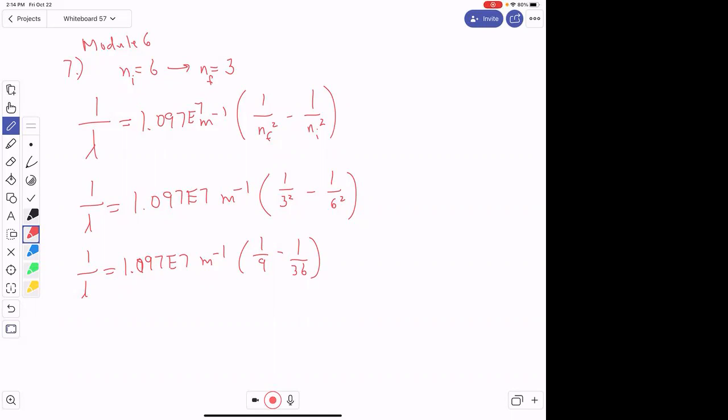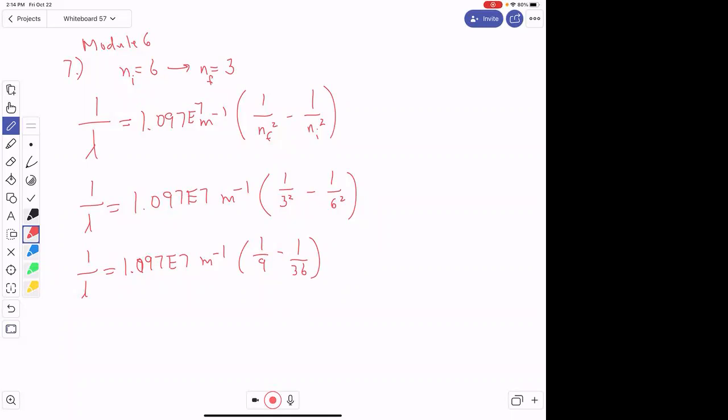All right, so let's see. 1 over 9 minus 1/36. Then multiply that by Rydberg's constant, so times 1.097 e to the 7th.